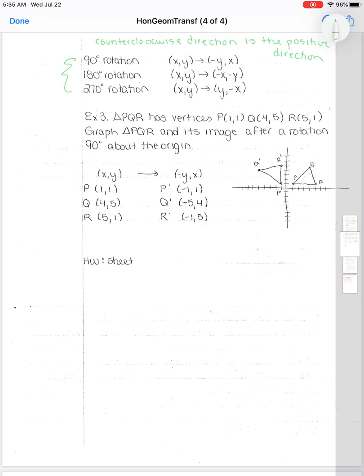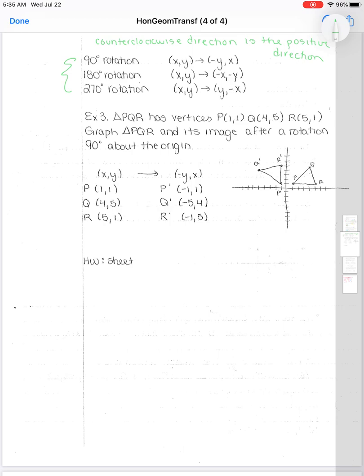Most people assume it's the clockwise, but it's actually the counterclockwise. Okay, there are many other types of rotations that you can get besides 90, 180, and 270, but these are the three we're focusing on, so you don't need to worry about the other ones. And we will always be focused on rotating about the origin in this class.